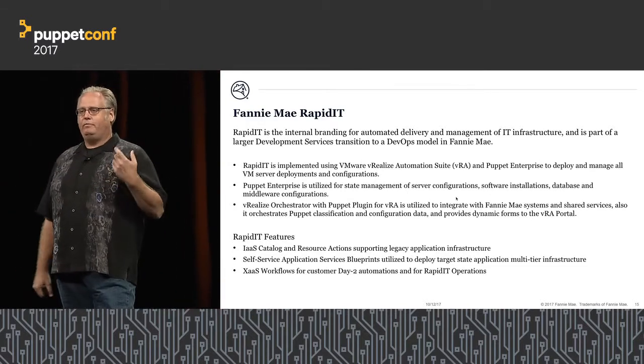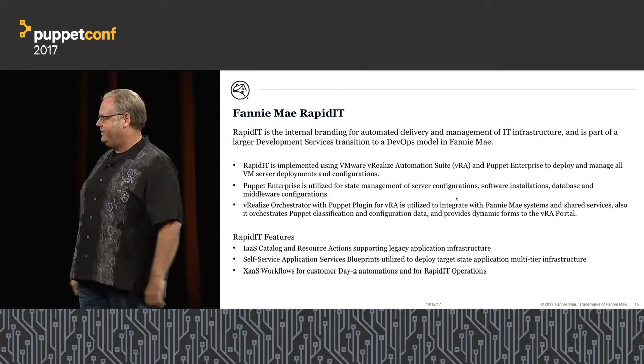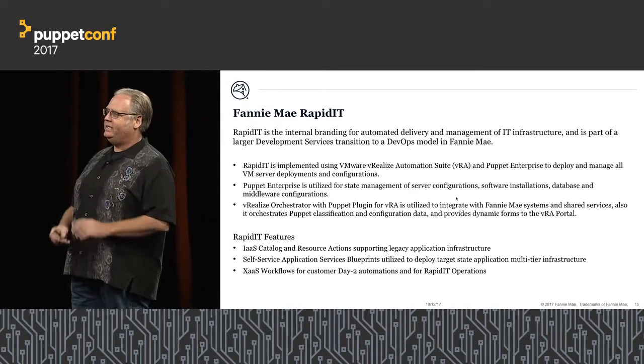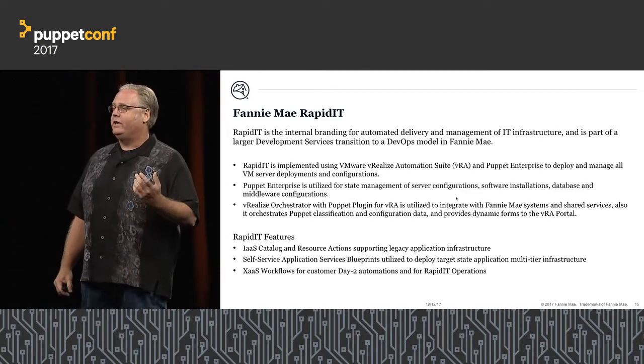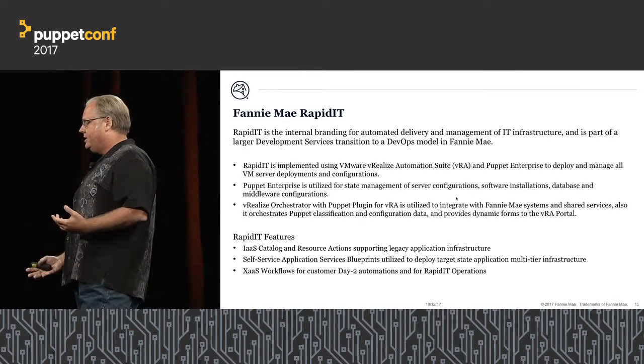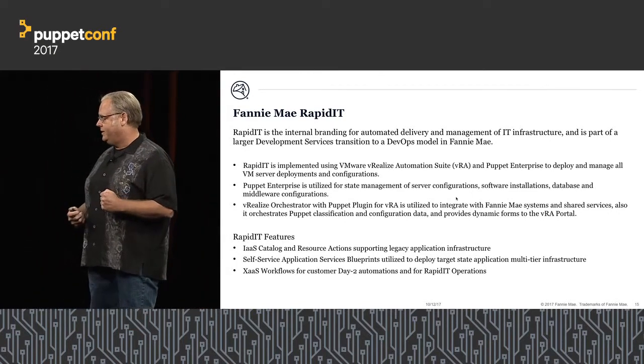Like I said, vRealize Automation and Puppet Enterprise are the tools that we chose to implement this with. Puppet Enterprise for everything it does really well: ongoing configuration management of servers, software installs, database and middleware configurations as well going on via Puppet.